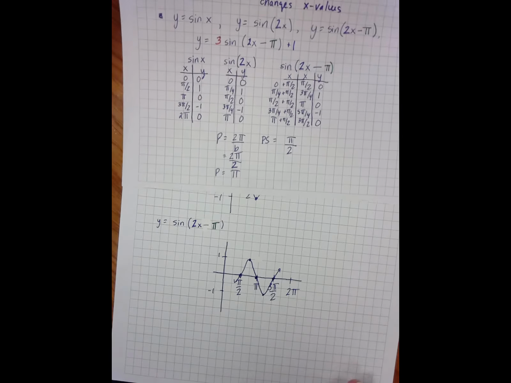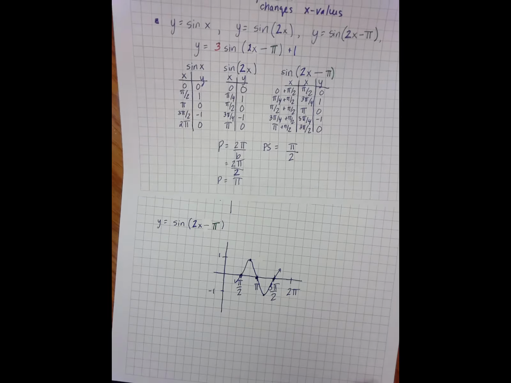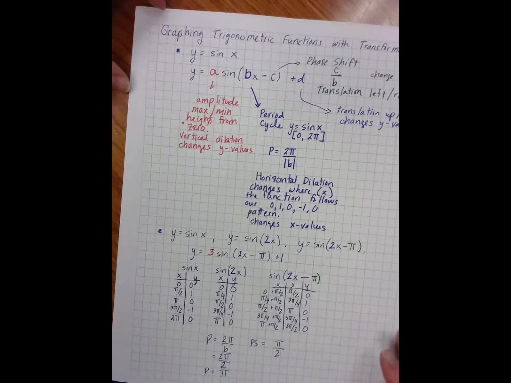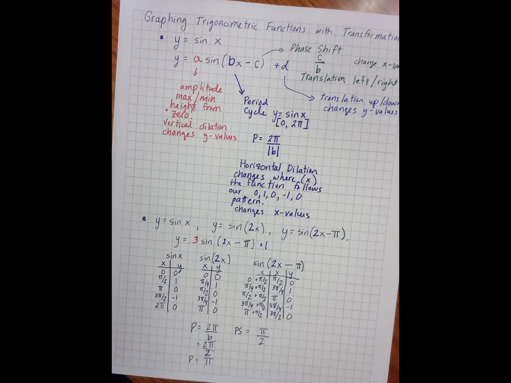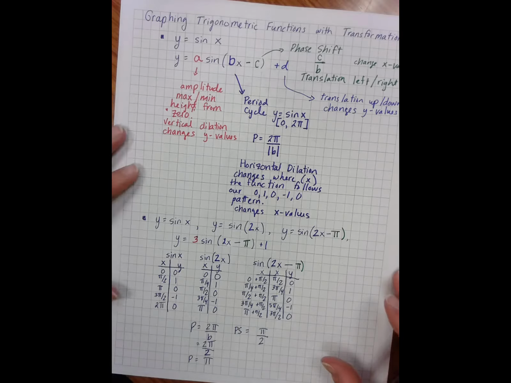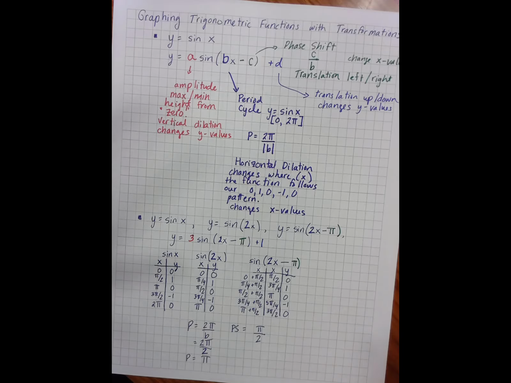The last function that I'm going to look at adds in the amplitude and the up-down shift, the up-down translation. The amplitude changes the vertical dilation, and the D changes the up-down translation.